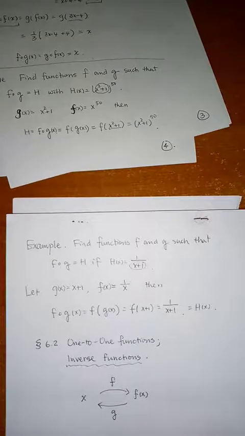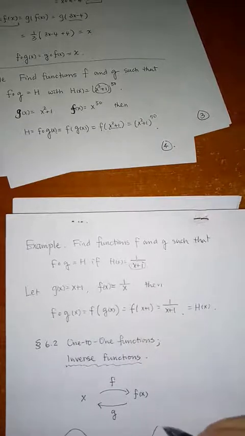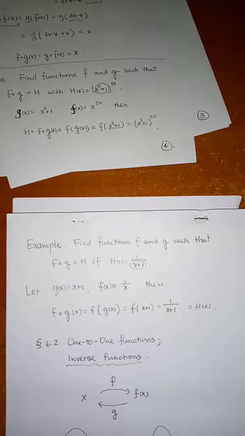In order to have inverse functions, we must study the one-to-one functions. So what is a one-to-one function? You have a function. Function involves two sets. The domain and the range. If your function does not have a repeated image.